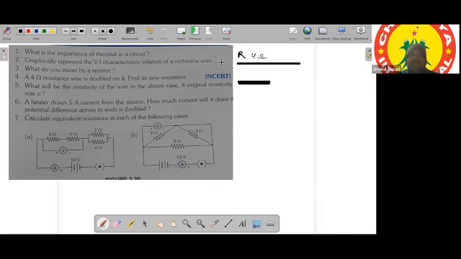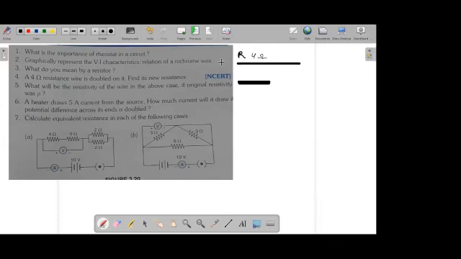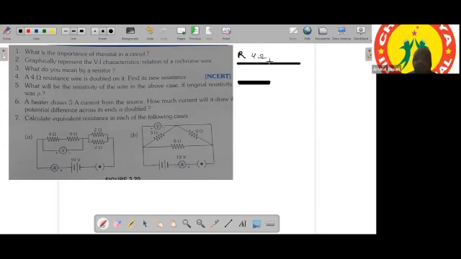Then what will be the resistivity of the wire in the above case? Sir, can you explain how L by 2? If it's doubled on it by folding it, from here it is folded like this. So this portion, half the portion, this is your L by 2, this is L by 2.